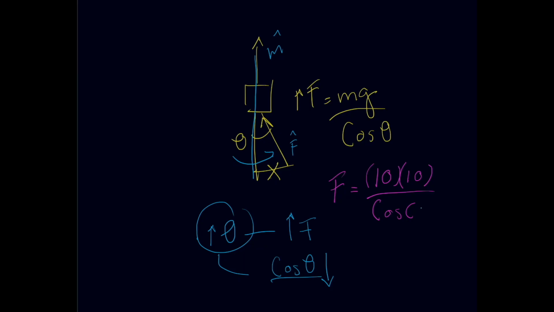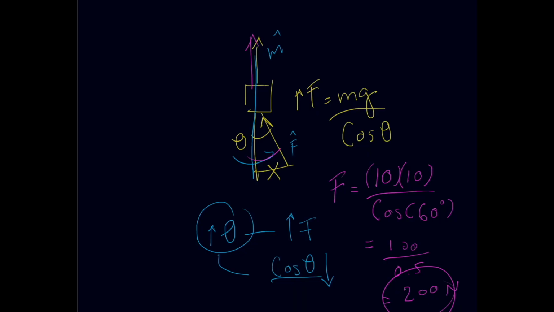But if we say that our theta is 60 degrees, so we're 60 degrees away from alignment, then we will have 100 divided by 0.5, which equals 200 newtons. So just by moving to the side by 60 degrees, the amount of force we need to apply has doubled. You now need double the force to move the box.